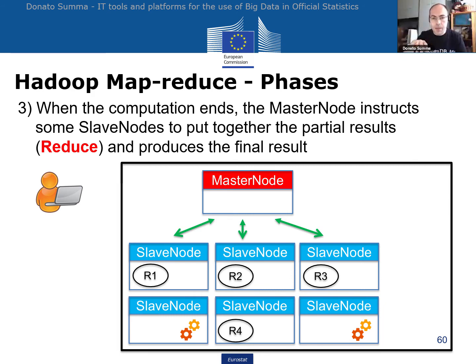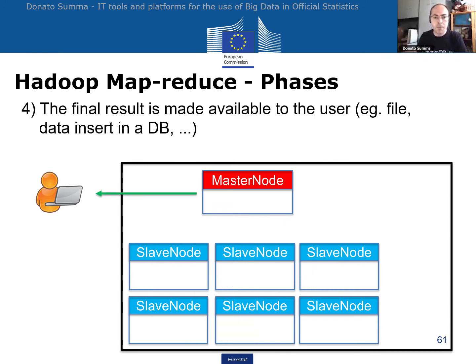This phase is called the reduce phase, when we have to put together all the partial results in order to obtain the final result. The final stage is when the master node collects the final result and makes it available to the user. The final result could be, for example, a file or data inserted in a database or something else.